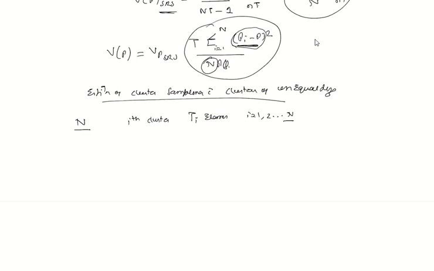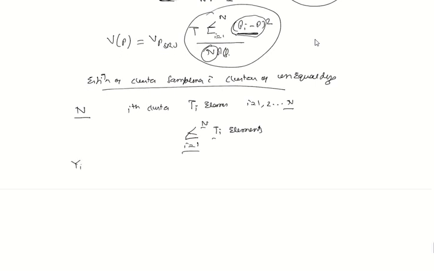The population then consists of summation i equal to 1 to N of ti elements. This is the whole population, because we go from 1 to N, and each cluster has a different number of elements, so this is the total number of population elements.